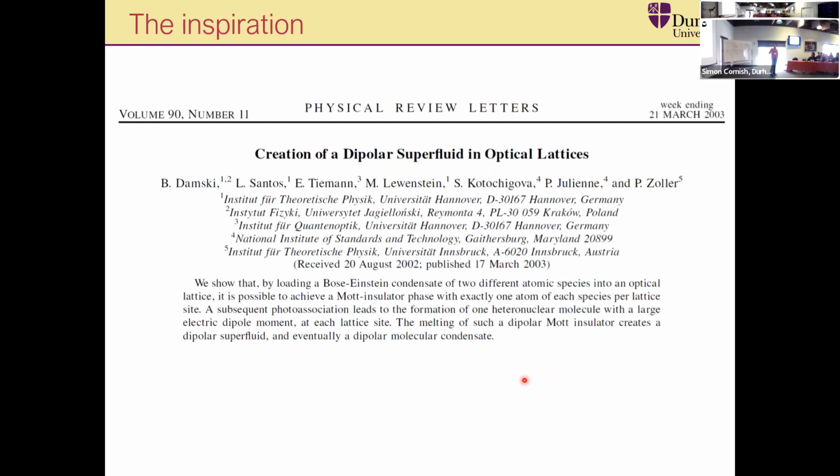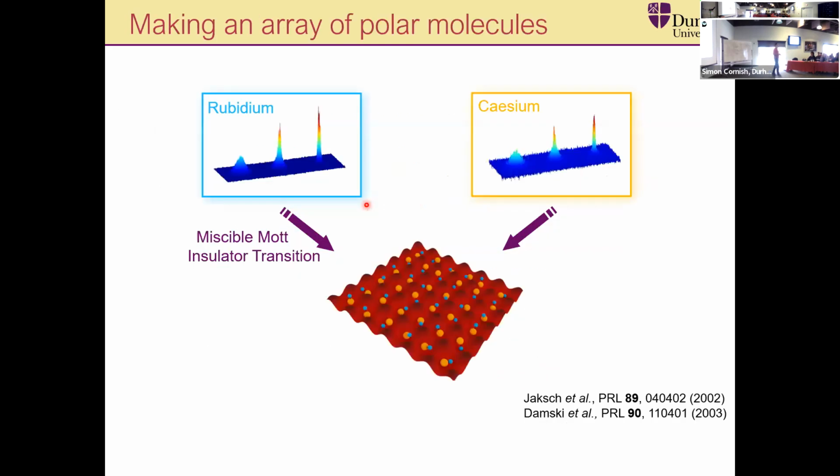I wrote this proposal 20 years ago, inspired by these early papers from a great collection of theorists, saying you can create a dipolar superfluid of molecules. It's really easy. You take your favorite BECs, in my case rubidium and cesium, and it's a kind of trivial step to move them into an optical lattice and make this beautiful double Mott insulator state where you end up with one atom of each species on each lattice site.